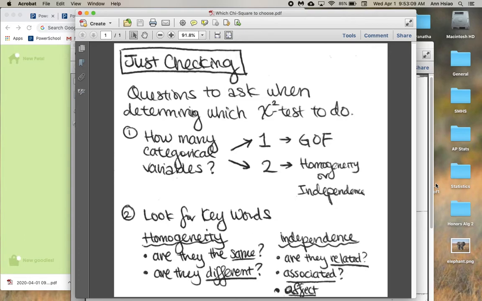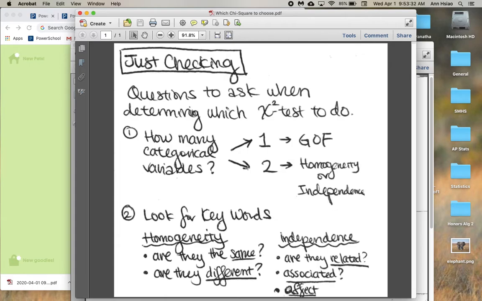So check to see if the variables you have are categorical, and then ask yourself, well, how many categorical variables do I have? If the answer to that question is 1, then it's automatically a goodness of fit test. If there's only one categorical variable, it's a goodness of fit test, and then you're done.